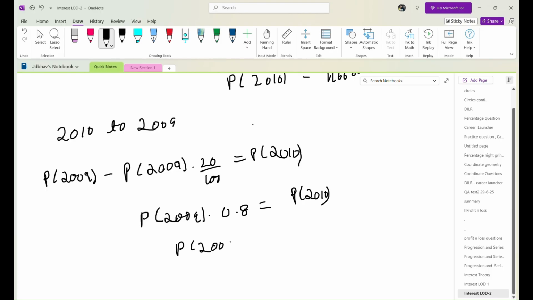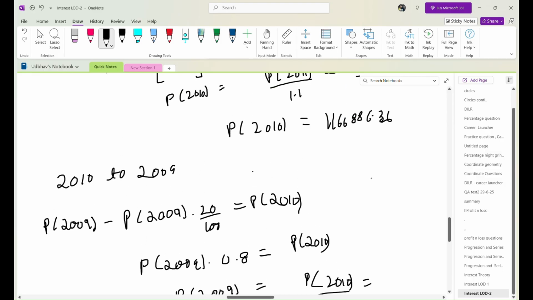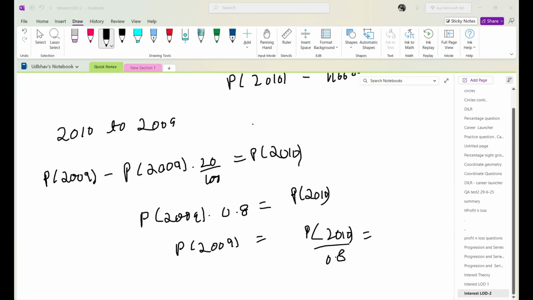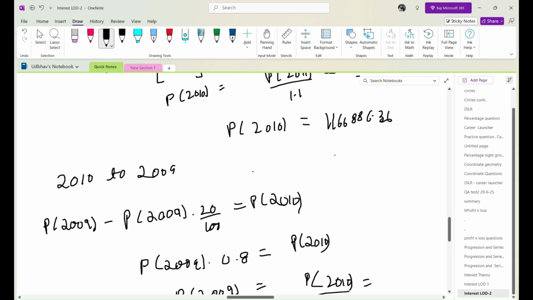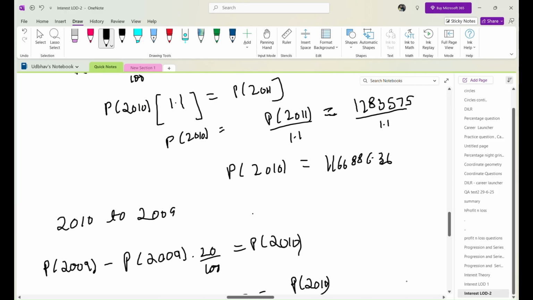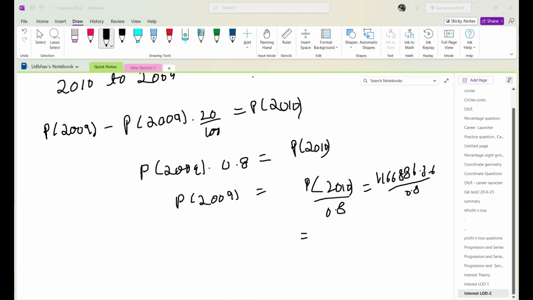We want P of 2009, which will be P of 2010 divided by 0.8. 1166886.36 divided by 0.8 gives us 1458607.95.